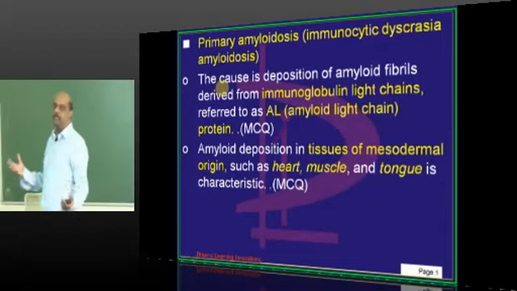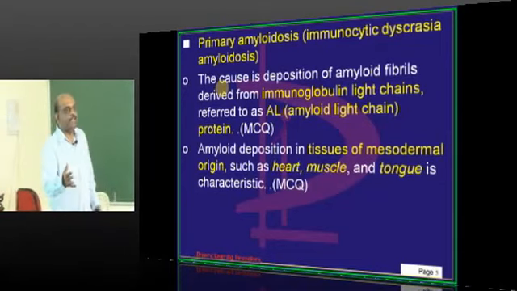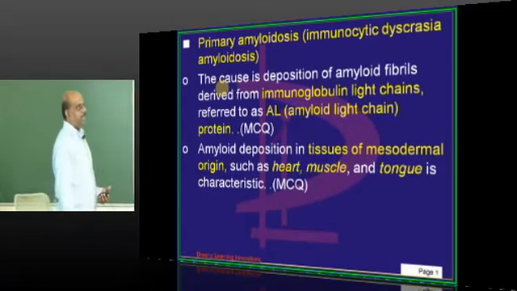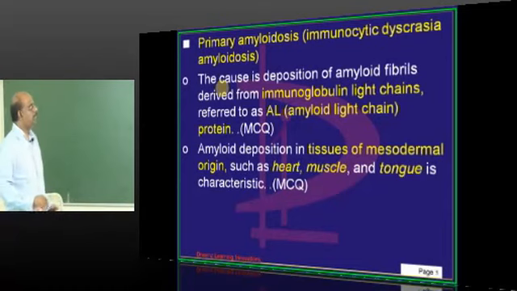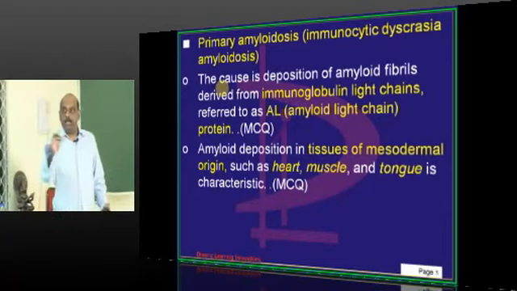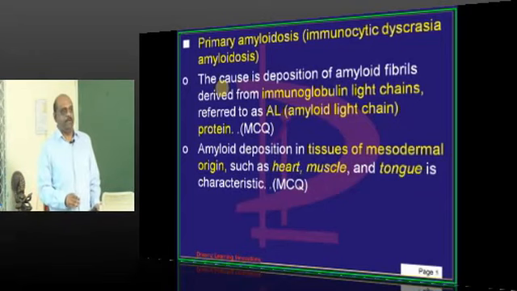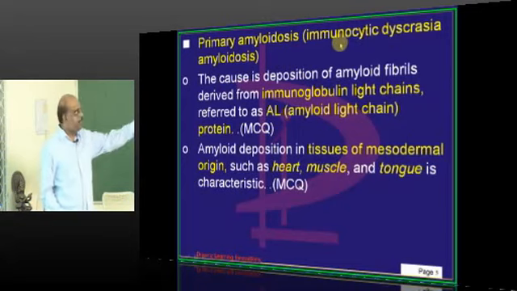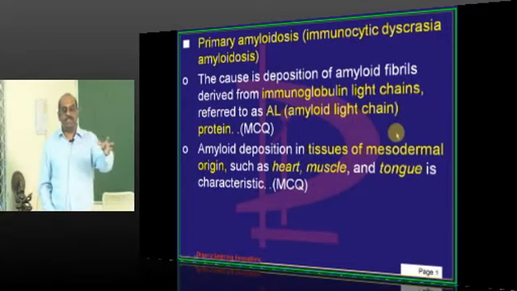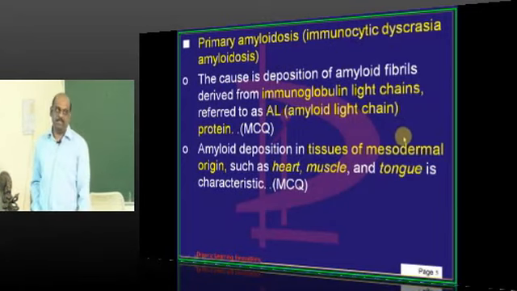What are the different forms of amyloidosis is the next important question. We have primary amyloidosis, secondary amyloidosis, and various conditions where amyloidosis is found. Primary amyloidosis is also called immunocyte dyscrasia associated amyloidosis.